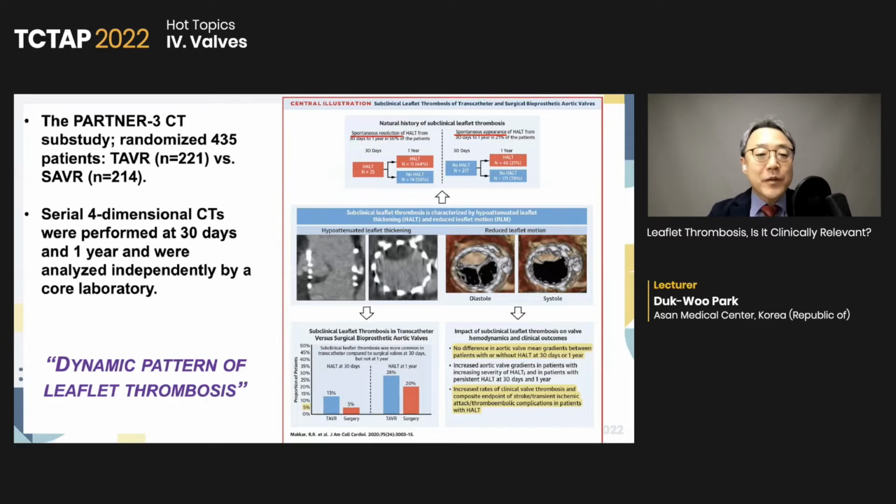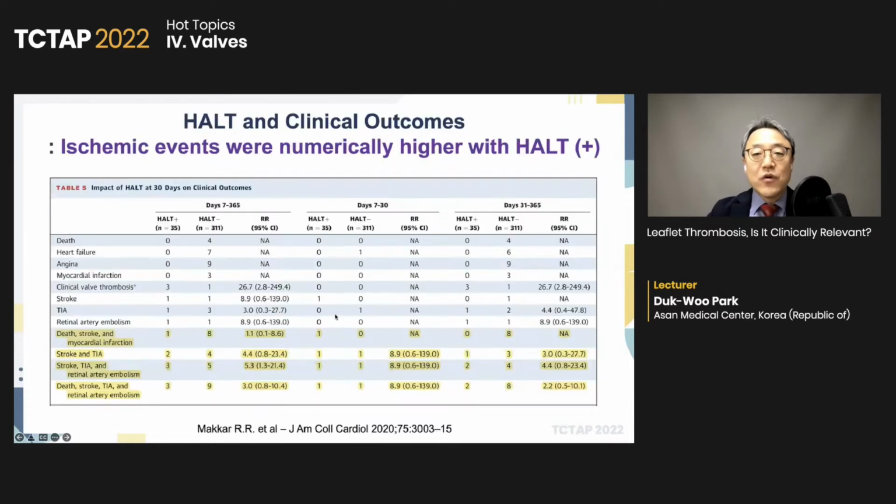There is a very dynamic pattern of leaflet thrombosis. Leaflet thrombosis was much higher with the TAVR procedure. Also, although there was no statistical difference, there was a numerically higher incidence of stroke or TIA. We did not provide a strong message about leaflet thrombosis and cerebral thromboembolism.